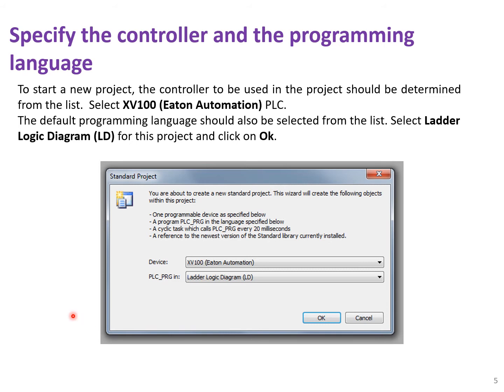Specify the controller and the programming language. So here, when you select standard project, then you will see this window. On this window, on the device, go for this specific software PLC.